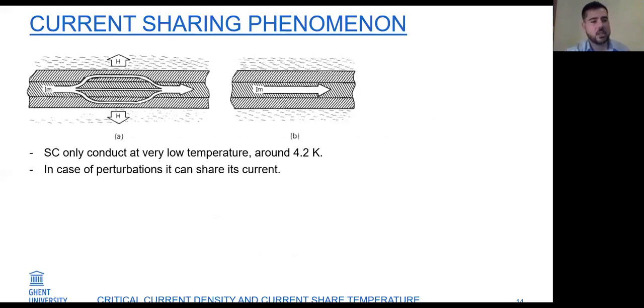So as we see in picture A, the current goes to copper when there is a perturbation, then it flows through the copper, and to get back again after the perturbation, the copper is cooled down with this liquid helium that keeps very low resistance and permits the flowing of the current.